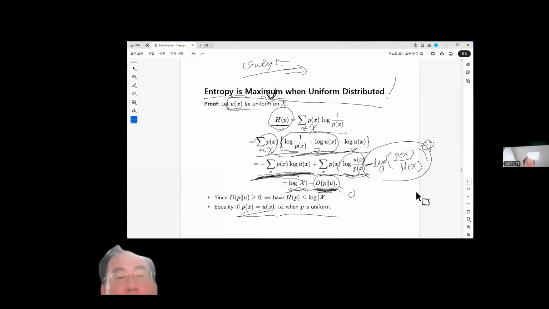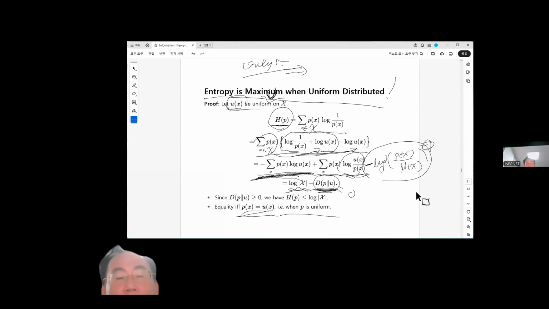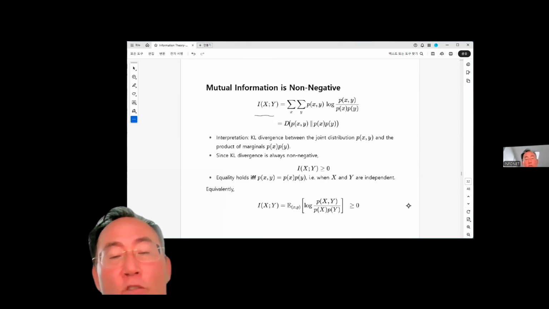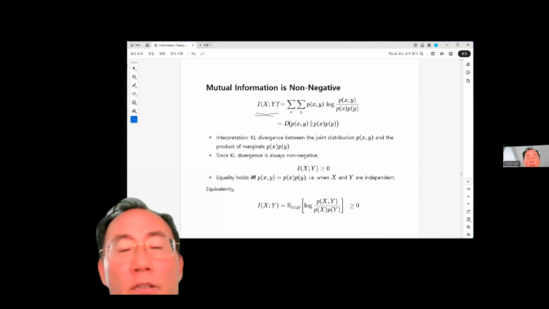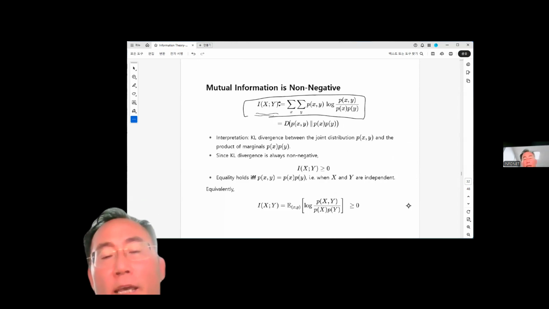If you have any questions, let me know. Once you have done that, relative entropy is non-negative, which you have proved twice. And then you can apply that to mutual information. Here is the definition of mutual information, which can be written this way, averaging over all x and y.